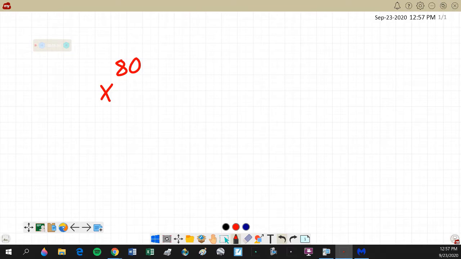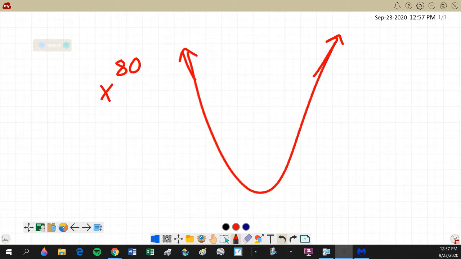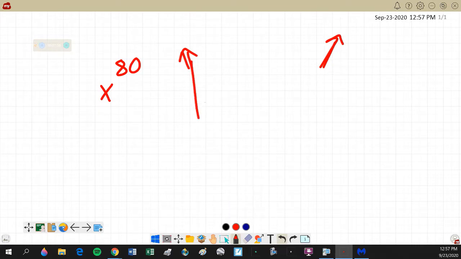They're either going to be up, up, or down, down. So this is an 80th, which is even, and it's a positive 80th, so it's going to be up and up. So we don't know what the graph looks like. We know that, and we know this, and then in between is a little questionable. It might just do this. That's it. Or it could also do this.